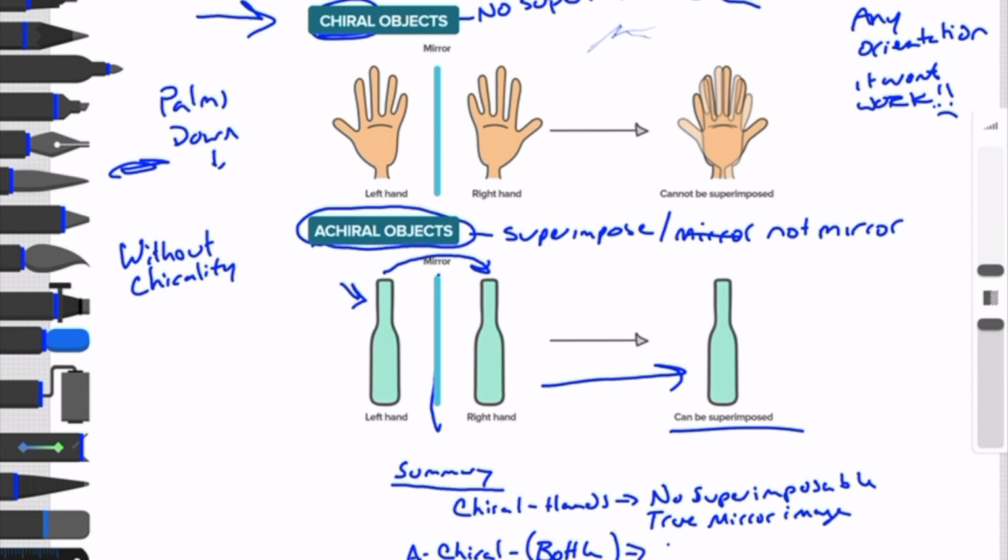These are superimposable in a mirror. You look through a mirror, that bottle was able to fit right on top of the other one. And so these ones you can play around with, if you have to, to get the right orientation to fit on top.